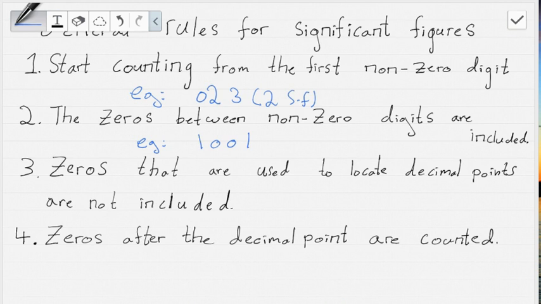You see, you have a 1 on the left and a 1 on the right. Should you include these 2 zeros in the middle as significant figures? Absolutely. When you write it down, it should be 4 significant figures. That's just how it is.